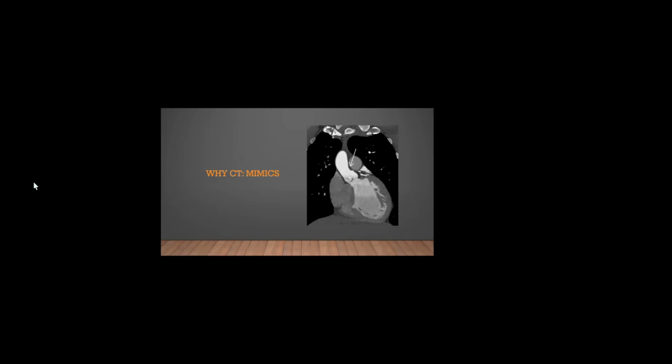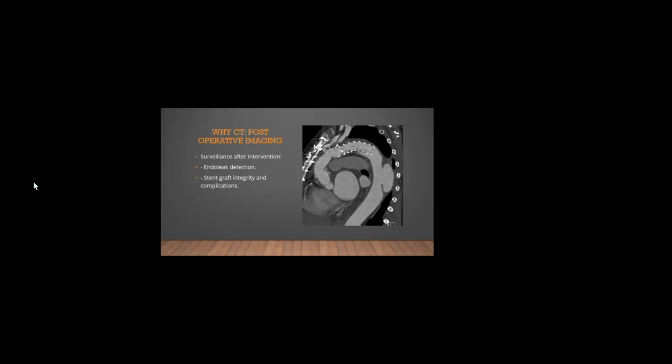Sometimes it could differentiate between the mimics, so that is the left ventricle, aortic valve, and that would be the aorta. Sometimes we would see, especially in bicuspid aortic valve, these dysplastic bands coming from the aortic valve toward the ascending thoracic aortic wall. They are not dissection. This patient was diagnosed with dissection on echo. However, CT has shown that this is just a dysplastic band, and the patient was not sent to theater.